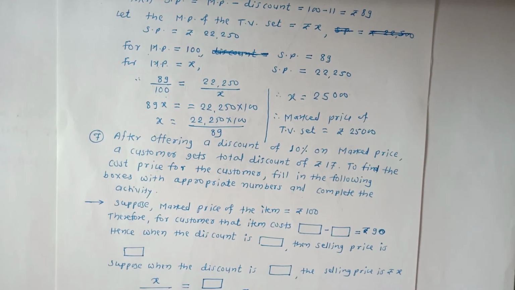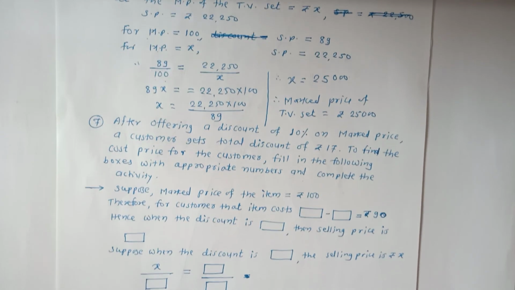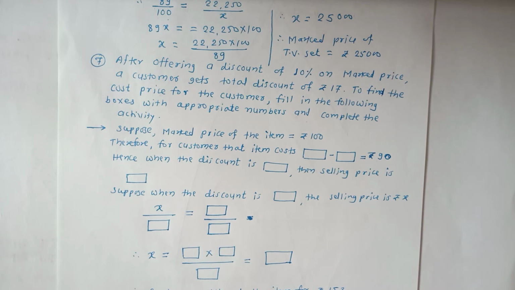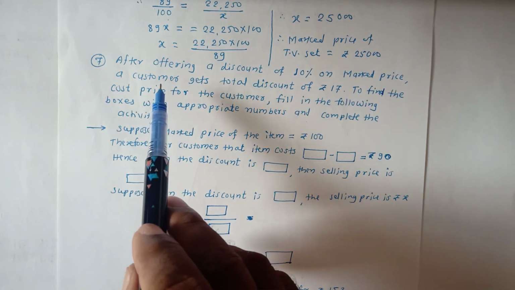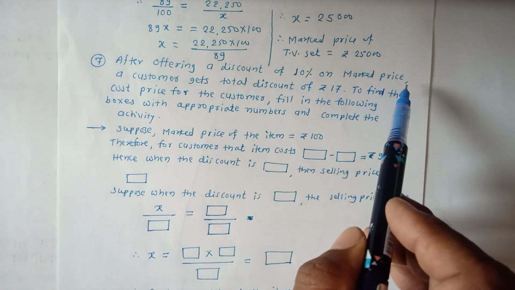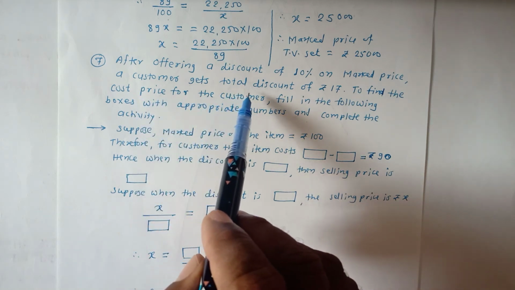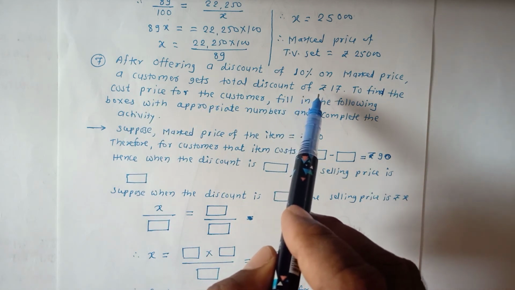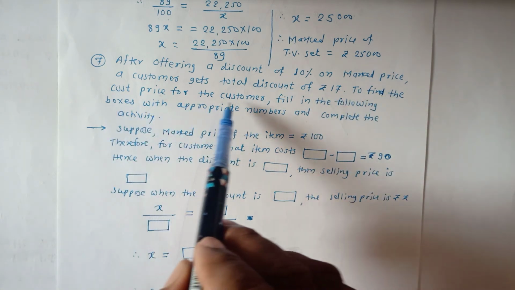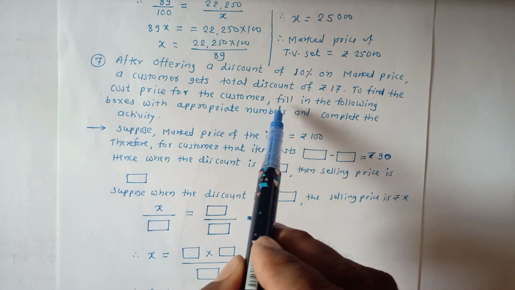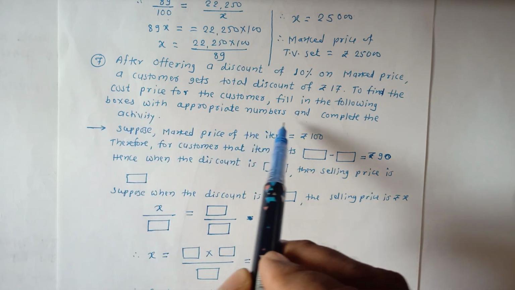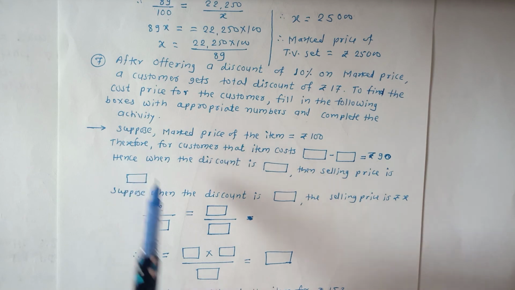Now example number 7. After offering a discount of 10% on a mark price, customer gets total discount of rupees 17. To find the cost price for the customer, fill in the following boxes with appropriate numbers and complete the activity.